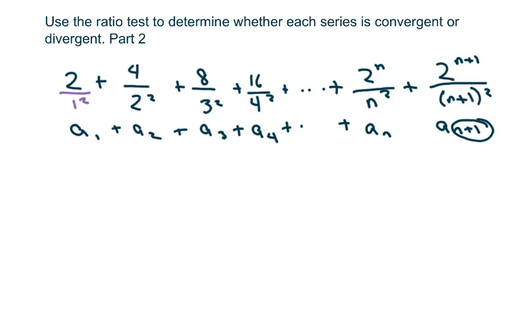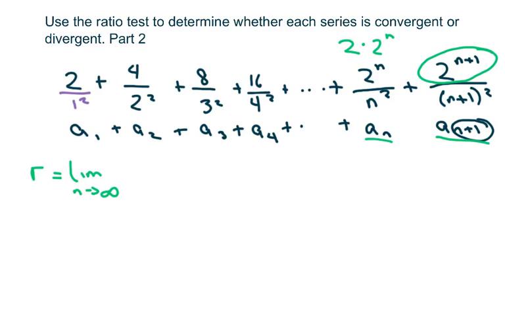Okay, so we're going to use the ratio test, which is r equals the limit as n approaches infinity of our next term over our previous term. And remember, this can be written as 2 times 2 to the nth, and I'm going to go ahead and FOIL this out.